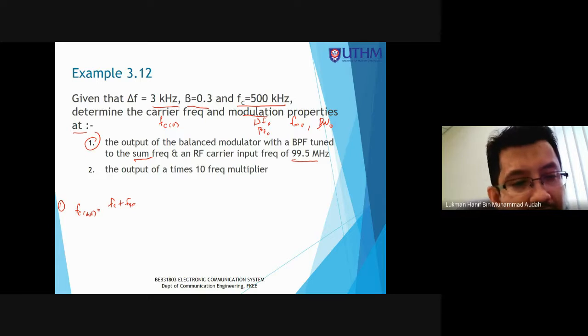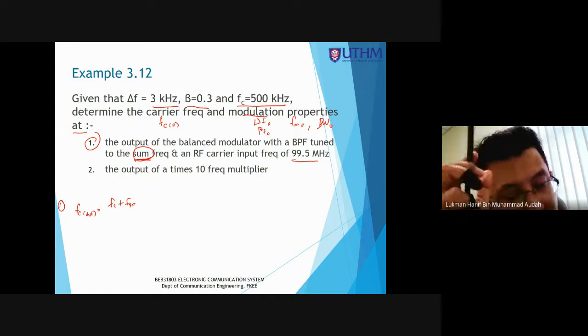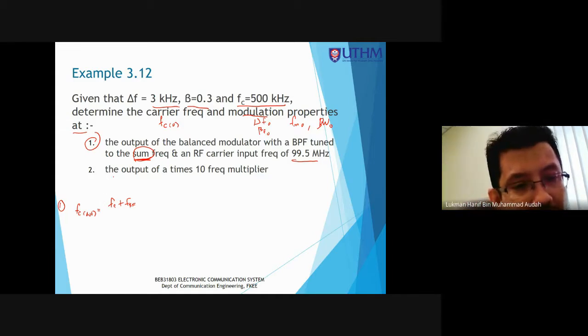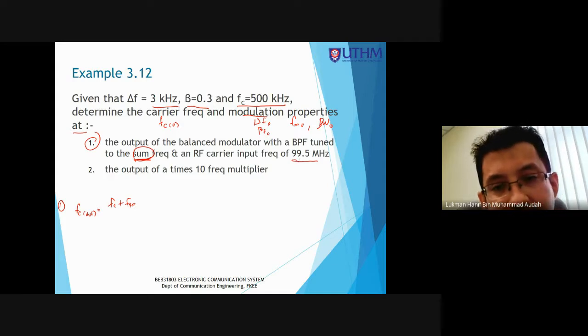Okay. Kalau bandpass ini memilih difference, bermakna kita akan pilih the lower frequency. Dan perhatikan kalau kita pilih lower frequency, jangan buat FC tolak FRF kerana FRF lebih besar. Okay. So nanti kalau you tolak, you dapat negative frequency.